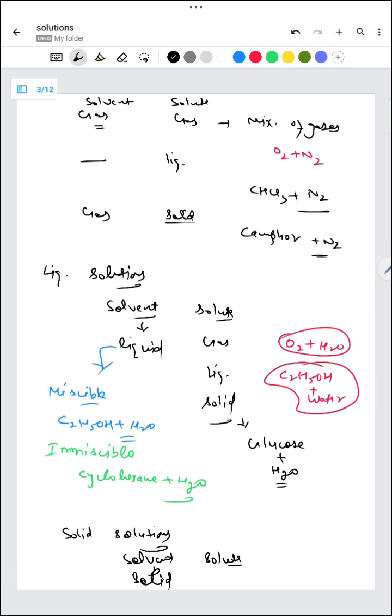In the same way, the solute can be of gaseous nature, it can be of liquid nature, it can be of solid nature as well. When it is of solid nature, it will be an alloy, like copper dissolved in gold.